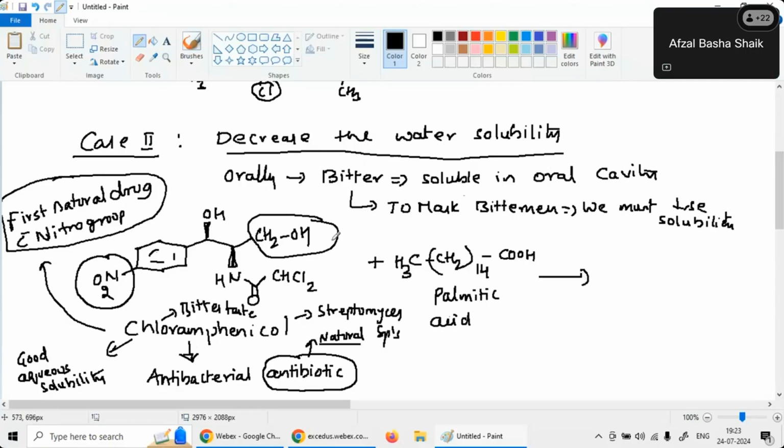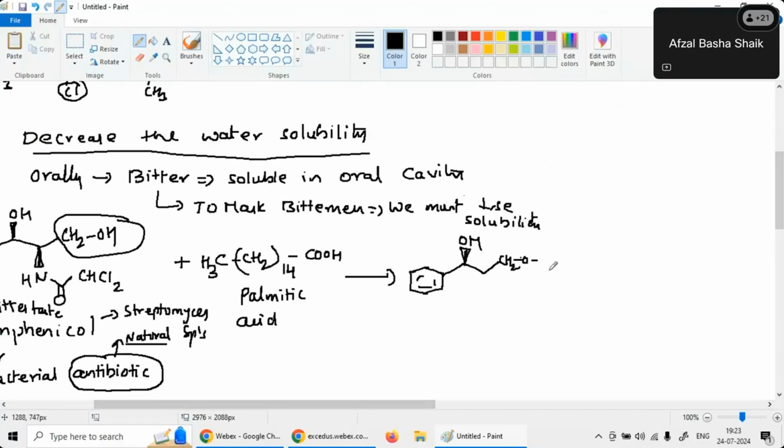Whenever acids react with alcohol, right? They will form esters, right? Whenever both these react, how many carbon atoms are there?